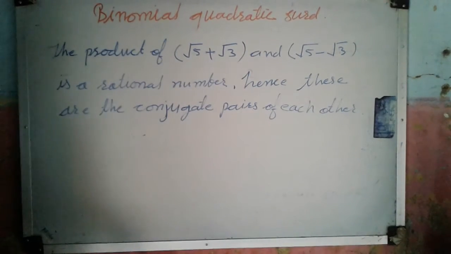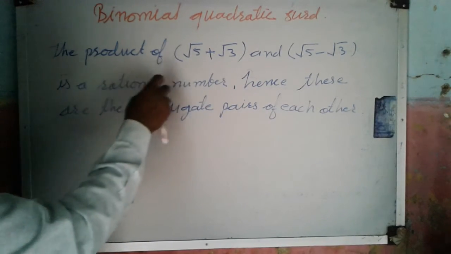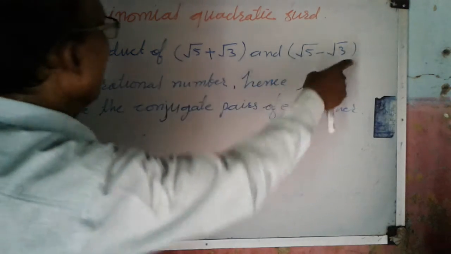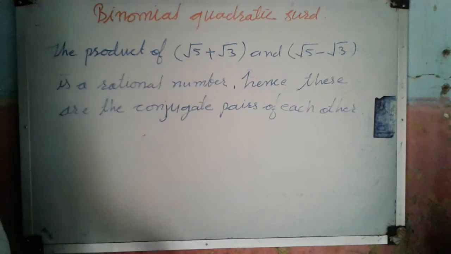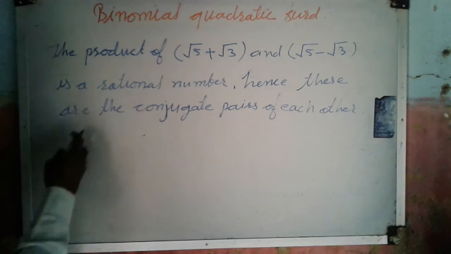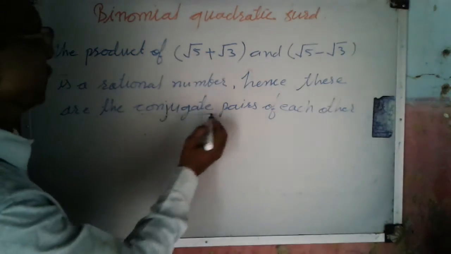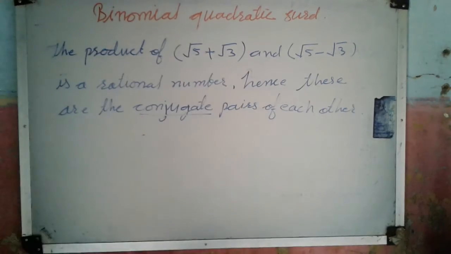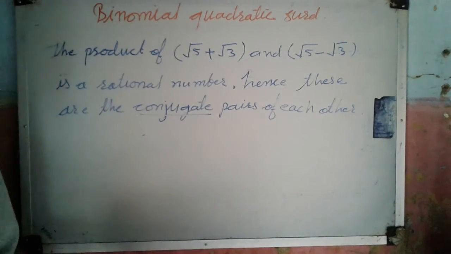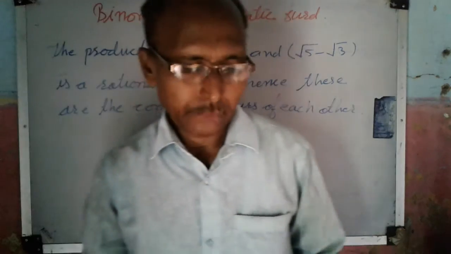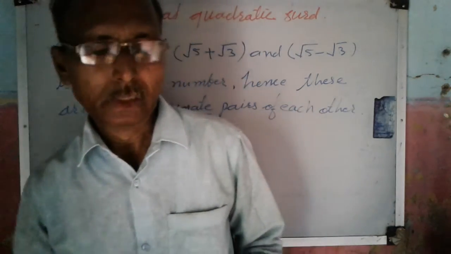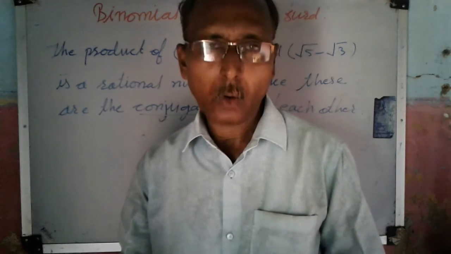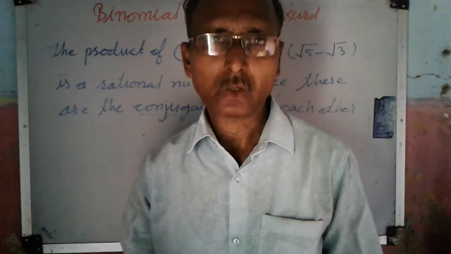That means the product of root 5 plus root 3 and root 5 minus root 3 is a rational number. Hence these are the conjugate pairs of each other. That means if the product of two binomial surds is a rational number, then those binomial surds are conjugate pairs of each other.